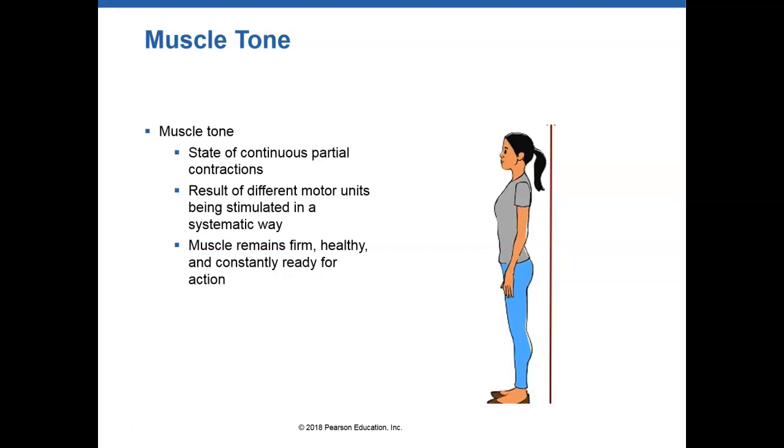So we don't end up in that tetany that we talked about earlier. So muscle tone allows us to maintain posture at all times. And this picture actually is linked also, so you can go right to that web page as well.